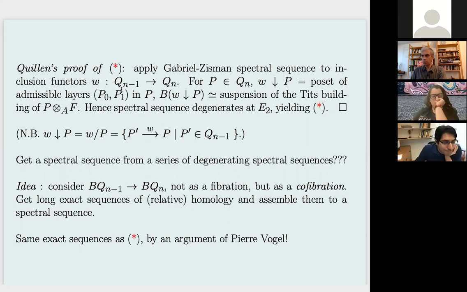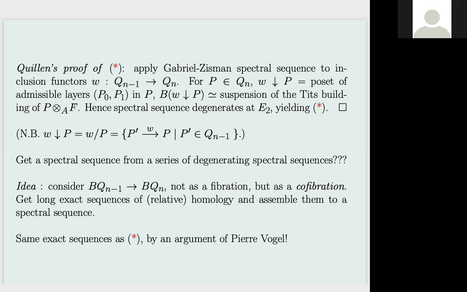And so it's almost a tautology that the classifying space of this category is the suspension of the Tits building of P extended to the quotient field of A. This implies that the spectral sequence of Gabriel-Zisman degenerates at E2, and this gives these long exact sequences star.